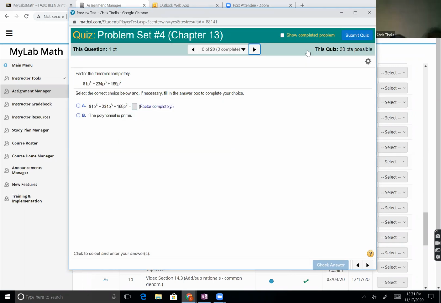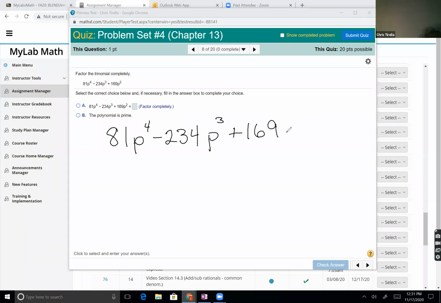Factor completely. 81p to the 4th minus 234p to the 3rd plus 169p to the 2nd.